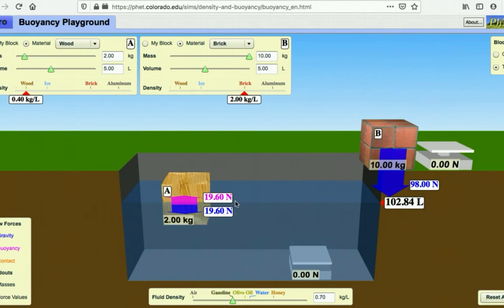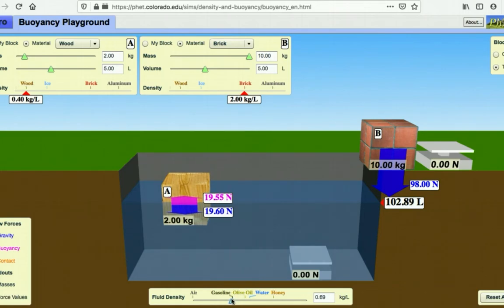And so I have to have enough gasoline displaced so that the weight of the gasoline is 19.6. But gasoline is less dense than water. So it takes more gasoline volume to equal the same weight of water of 19.6. So I'm going to displace more fluid. It's going to sink lower.